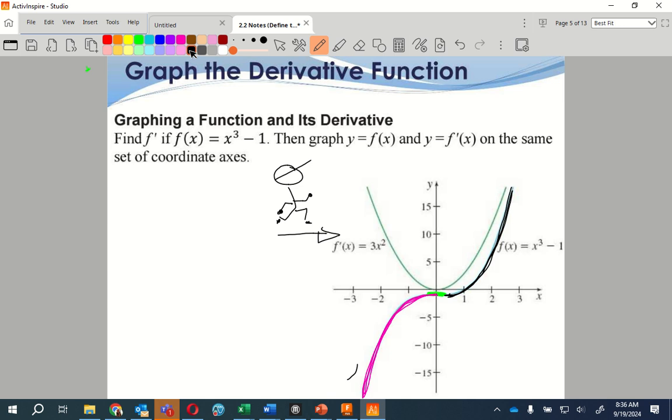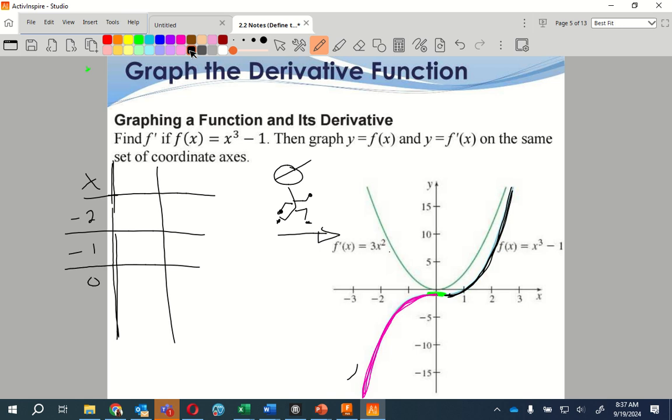All right, so I'm going to, right here, x, -2, there you go. So this is f of x, f prime of x.